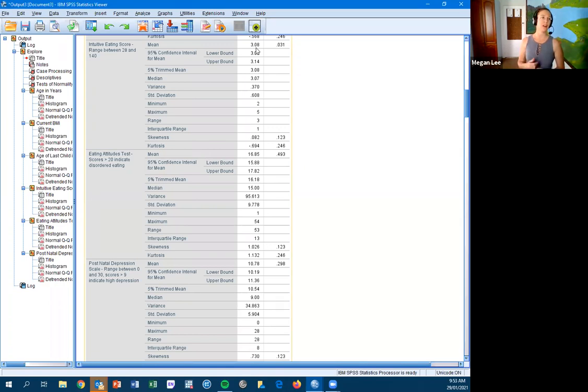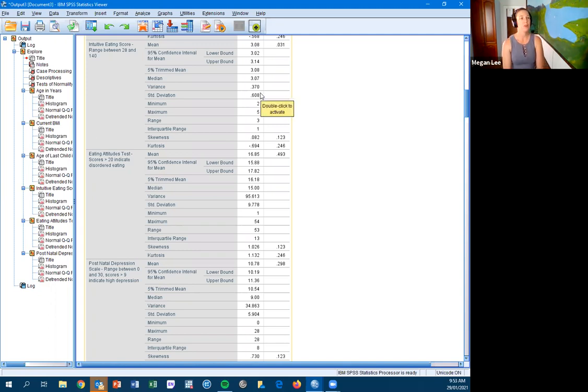Now, in the data for intuitive eating, most papers have an average of about 3.25. So ours is quite close to what other people get for the intuitive eating score, which means that around 60% of their participants have intuitive eating.